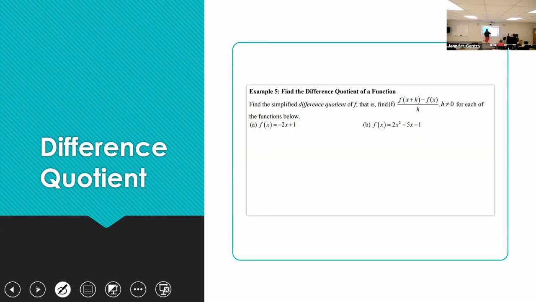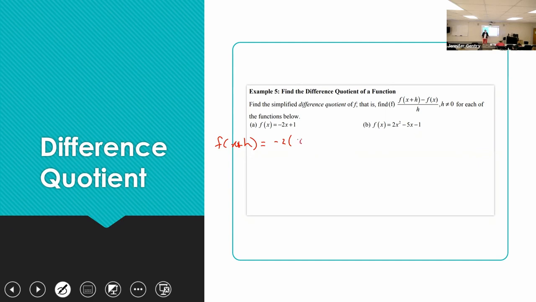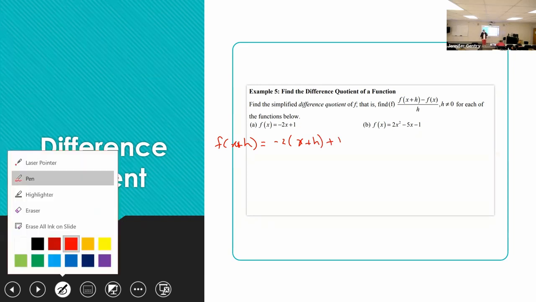Negative 2 parentheses x plus h parentheses plus 1. Minus. Now I'm going to put a big parenthesis around there because we got more stuff coming. f of x, which is just writing it again, minus 2x plus 1. Does that make sense?